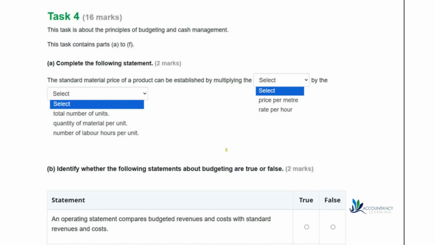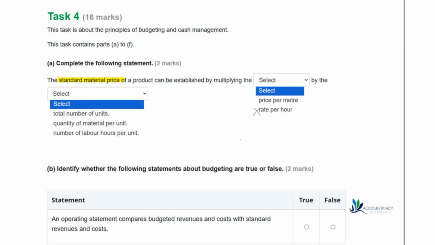Complete the following statement. The standard material price of a product can be established by multiplying the price per metre or rate per hour by the total number of units, quantity of material per unit, or number of labour hours per unit. So we're looking at the standard material price.